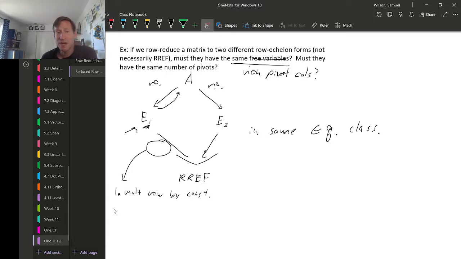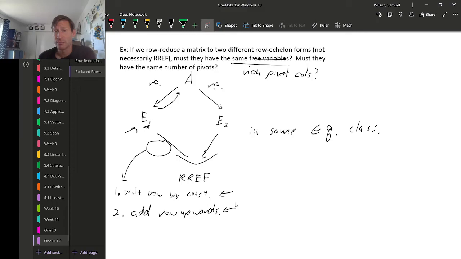And the other thing that we might need to do to get from a row echelon form to reduced row echelon form is we might have to add a multiple of a row to a row above it, right? We never have to go downwards to get from an echelon form to a reduced echelon form.